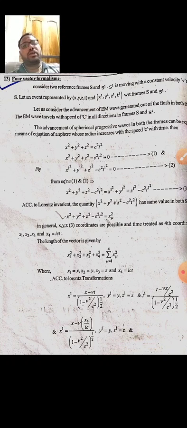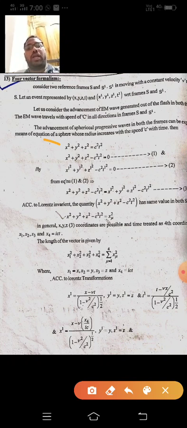Let us consider an electromagnetic wave generated out of a flash, which travels with the same speed in all directions in frames S and S dash. Hence we can write, with speed c and time, x square plus y square plus z square equals c square t square. And also we can write x square plus y square plus z square minus c square t square equals 0 in the S frame.